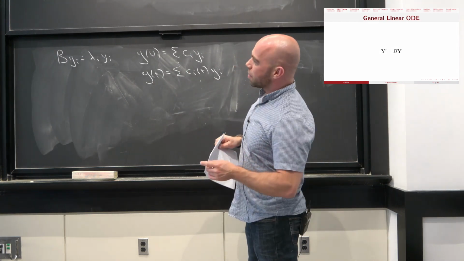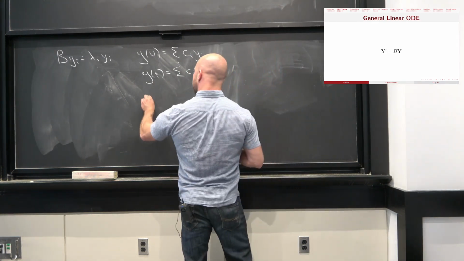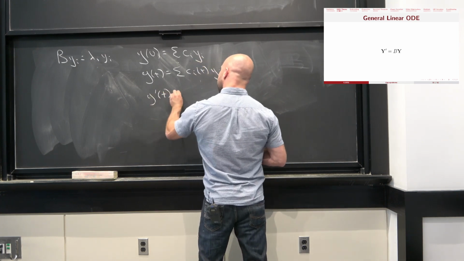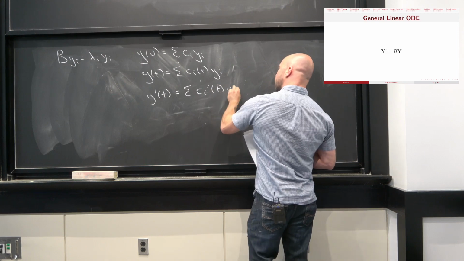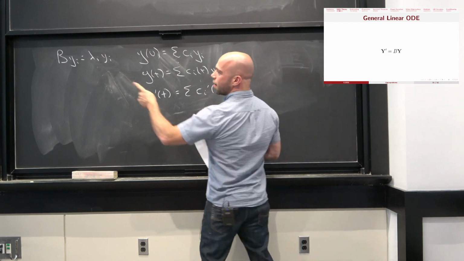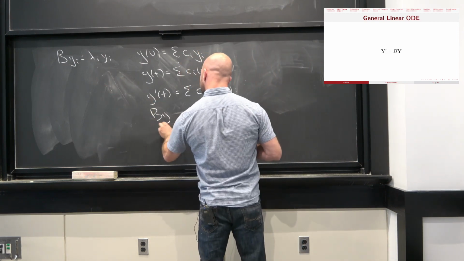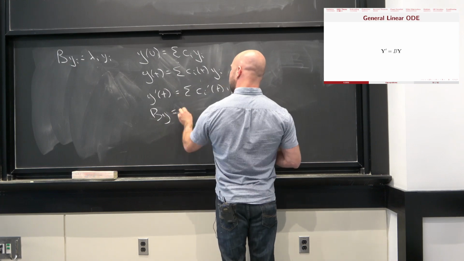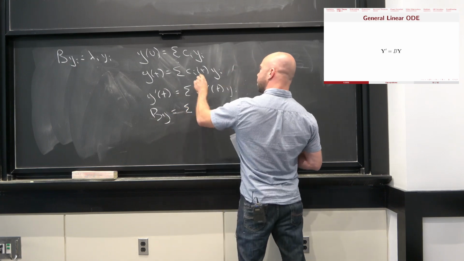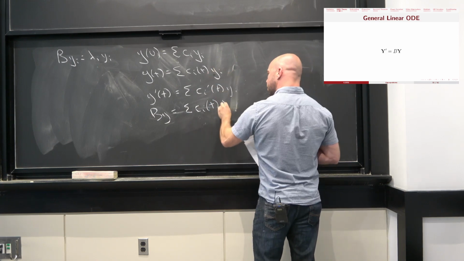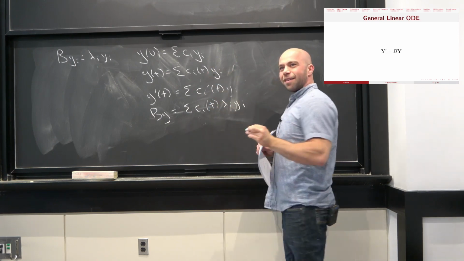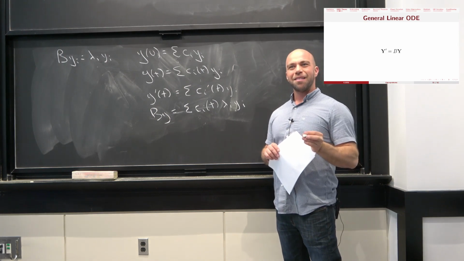Now let's start with our ODE. So we have y prime is just equal to the sum of ci prime of t yi. And on the right-hand side, By is equal to the sum of ci of t times B times yi, but we know that that's lambda i yi. Does that make sense?